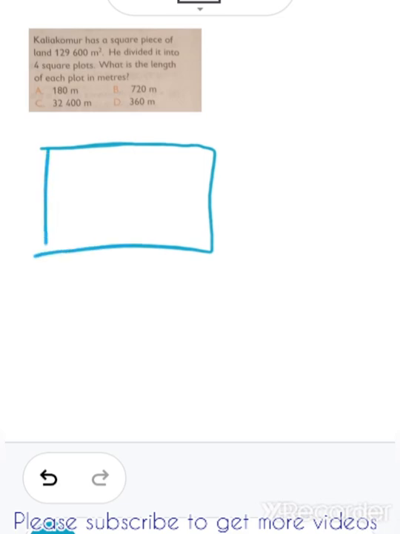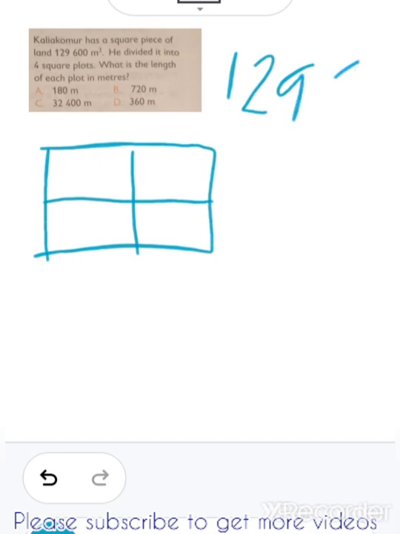So it means this Kariakomo, that is a very big name, had a square piece of land. He divided that piece of land into 4. So you are supposed to divide the area, which is 129,600.